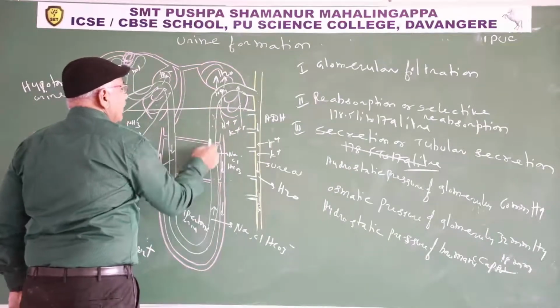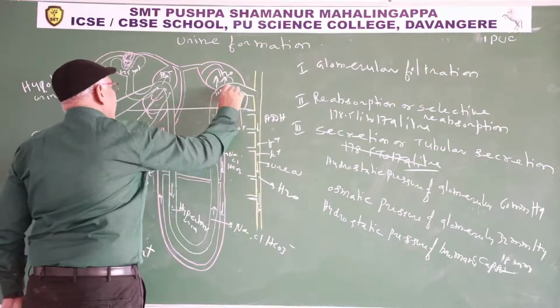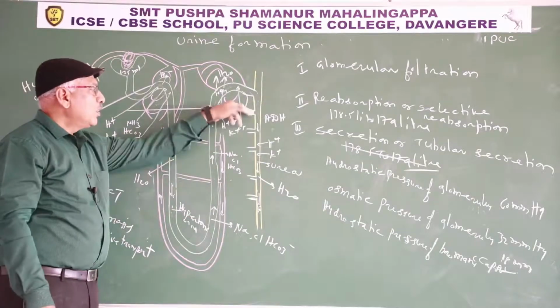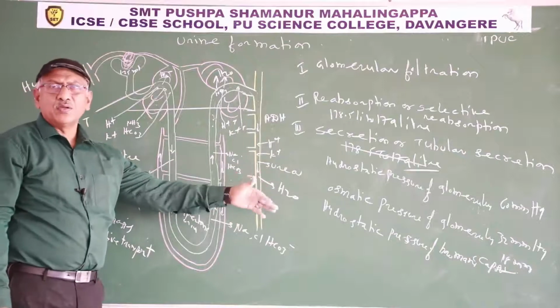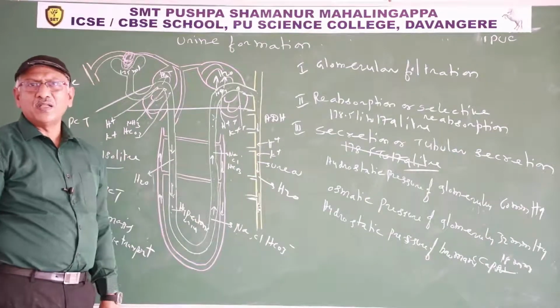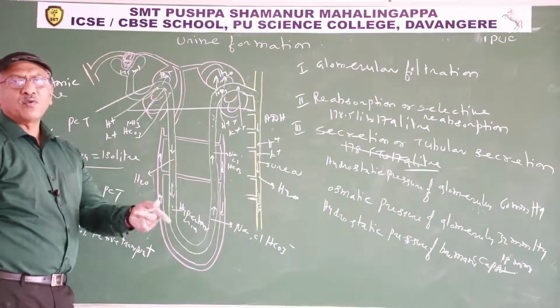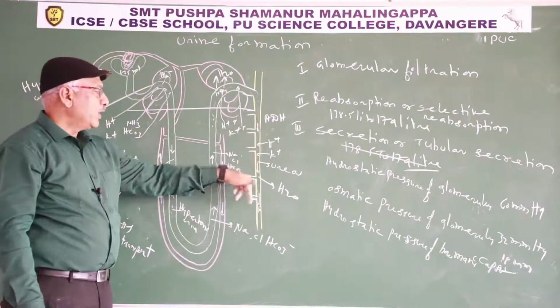It does not mean that every time we excrete only hypotonic or only hypertonic. In presence of hormone, we excrete hypertonic urine. In the absence of hormone, we excrete hypotonic urine. So the second step is reabsorption or selective reabsorption.